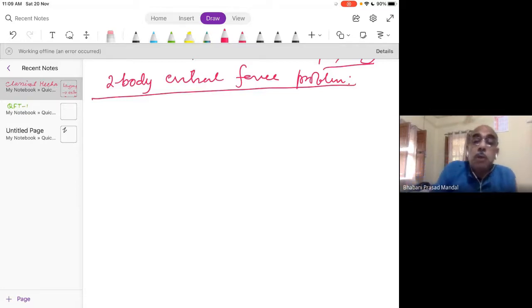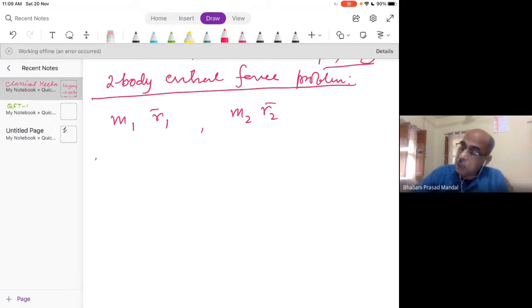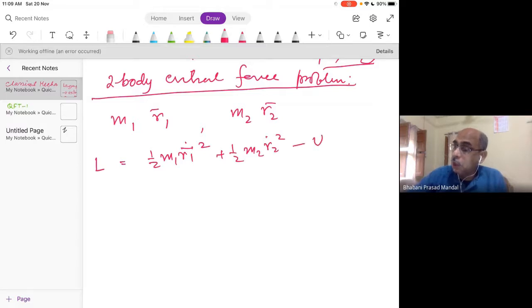Last time we discussed that if you have two bodies, m1 whose position vector is r1 and another particle of mass m2 with position vector r2, then the Lagrangian we wrote was half m1 r1 dot square plus half m2 r2 dot square, and then there will be some potential depending on r1 and r2.